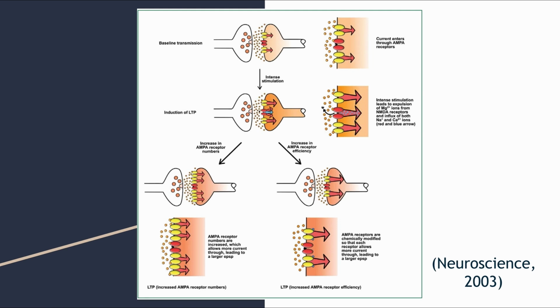Now, if the synapse is activated quite slowly, the NMDA receptors play little or no role. Because the membrane potential changes slowly, which does not contribute to pulling off the magnesium ion that is blocking the NMDA receptor.